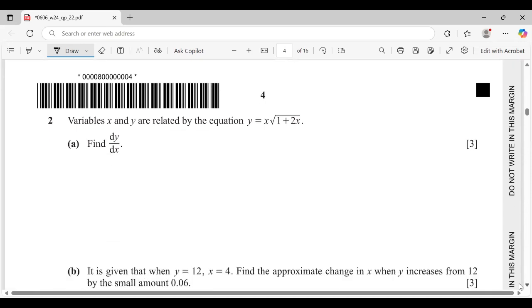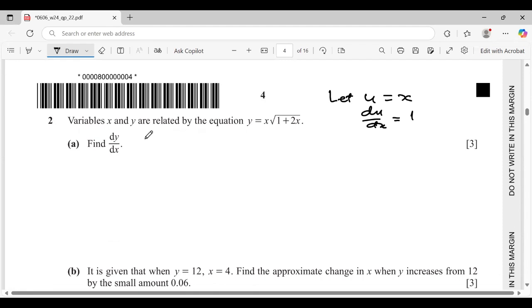Number 2, variables x and y are related by the equation y equals x square root of 1 plus 2x. I will use the product rule first. Let u equal x, so du/dx equals 1.